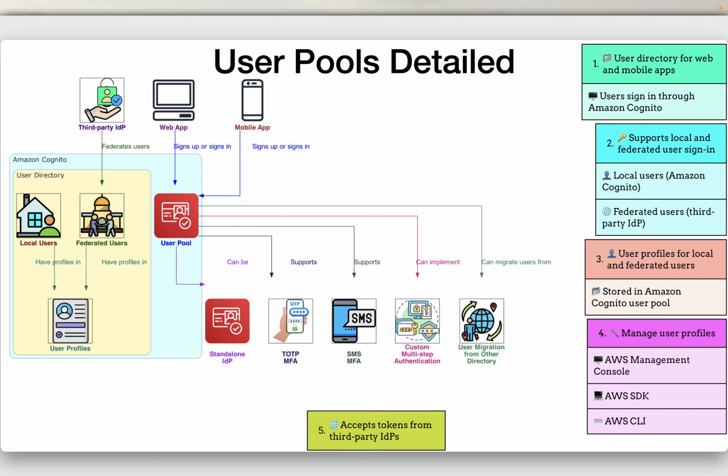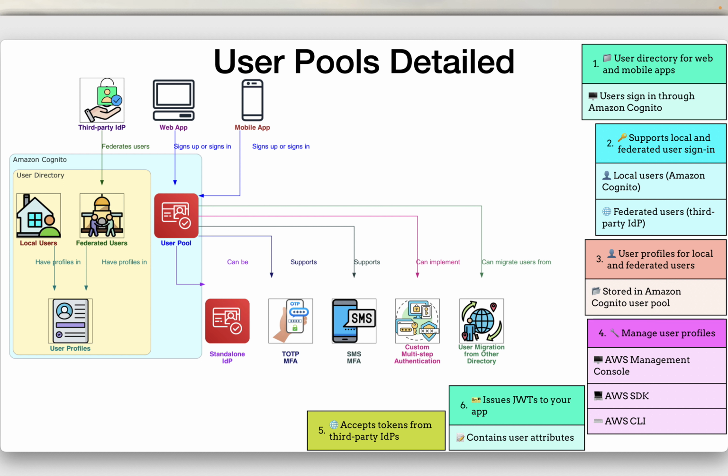Amazon Cognito user pools can accept tokens and assertions from third-party identity providers. User attributes are collected into JSON web tokens that Amazon Cognito issues to your applications. So when you link, you have user pools and user profiles.